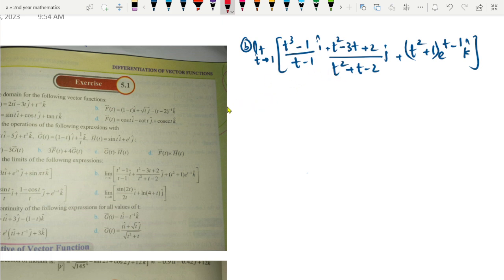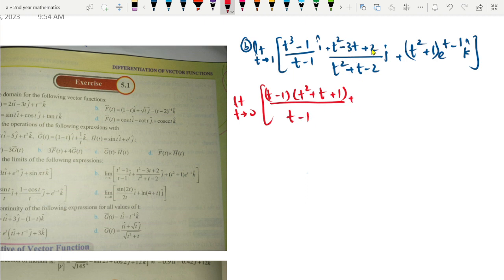When we put the direct limit here, this will become 0 over 0, undefined. So for this we have to factorize the numerator using the a cube minus b cube formula, (a minus b)(a square plus ab plus b square), divided by t minus 1.